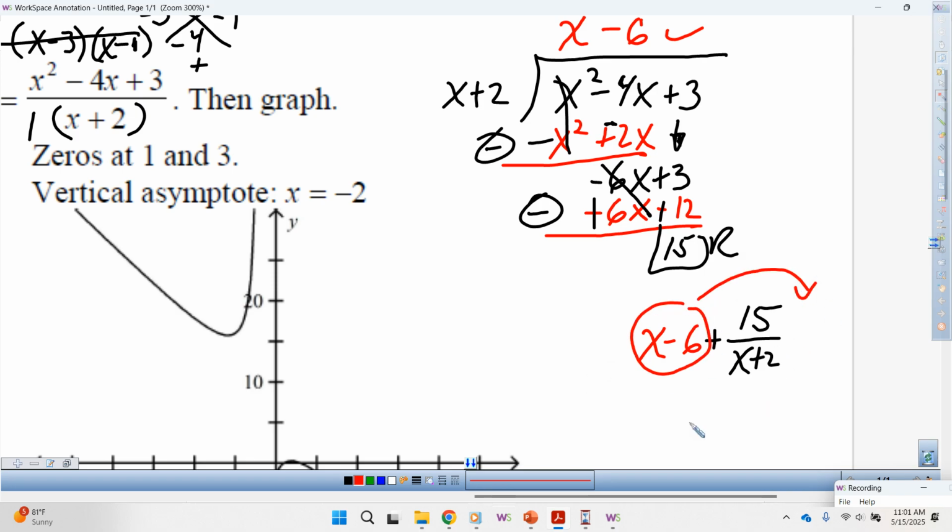In the back. So we're left with, oh my bad, and the 15 has to go where? In the front. So we end up with 15 times 1 over x plus 2, and then at the end we're going to do plus x minus 6. That's our g of x.